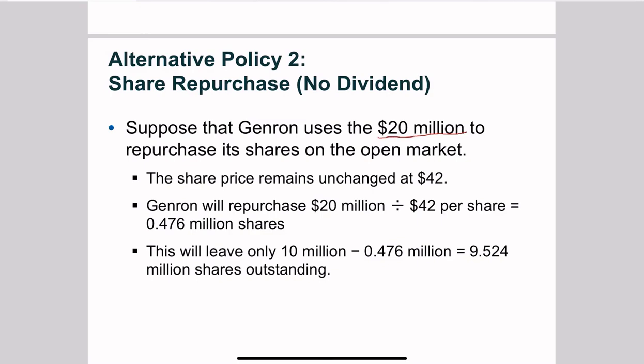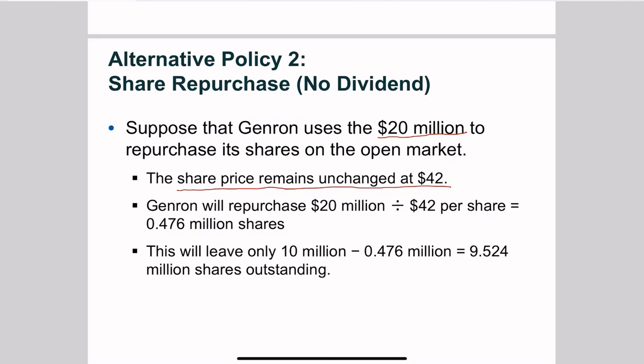So basically, the firm will pay this $20 million back to its shareholders, and the number of shares in the market will be smaller. Now, we would start with this basic result. That is, the firm's share price stays the same at $42.